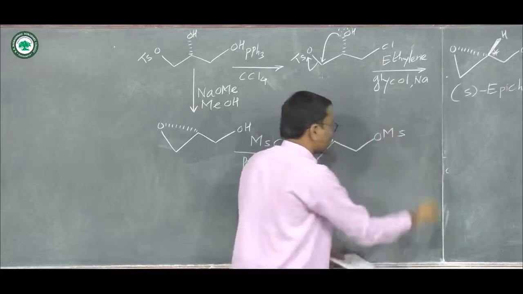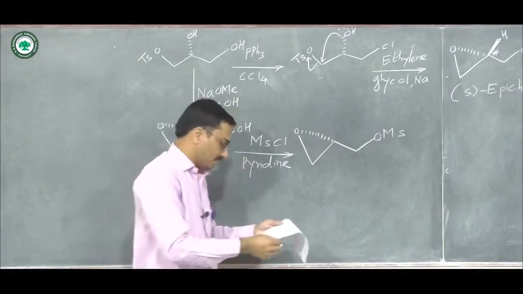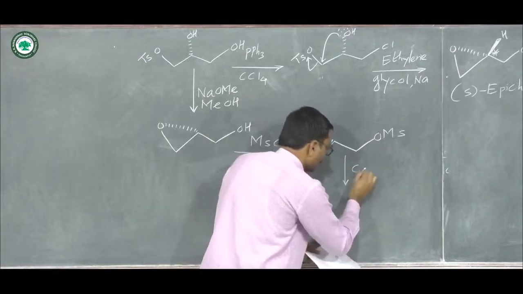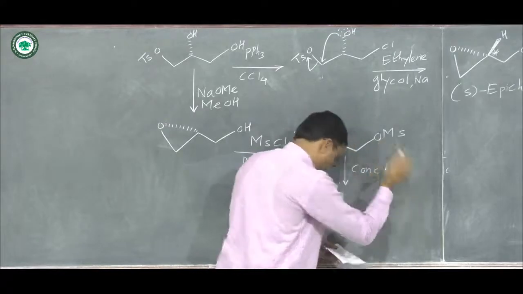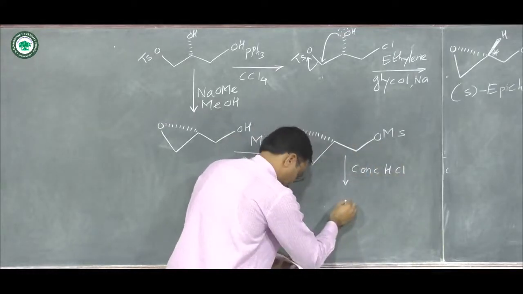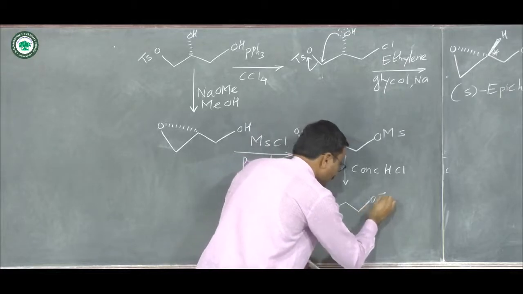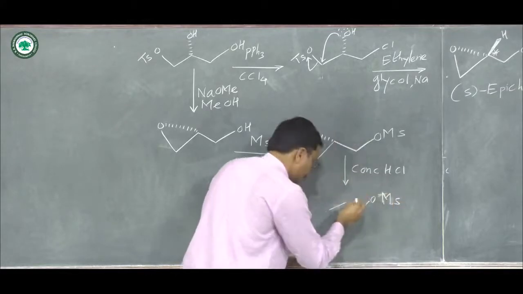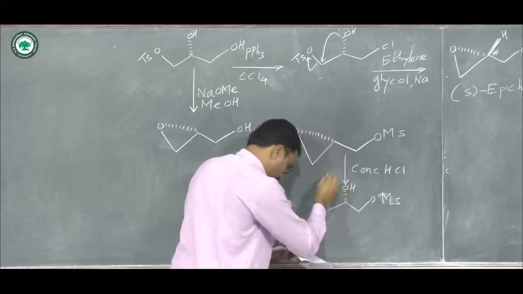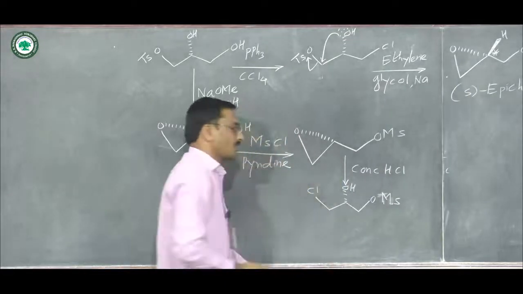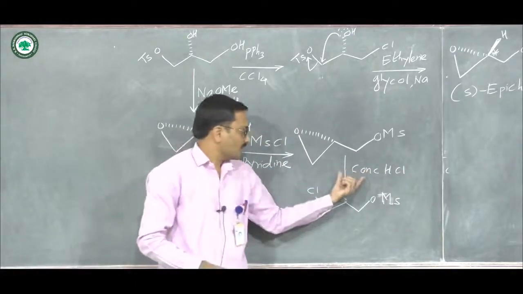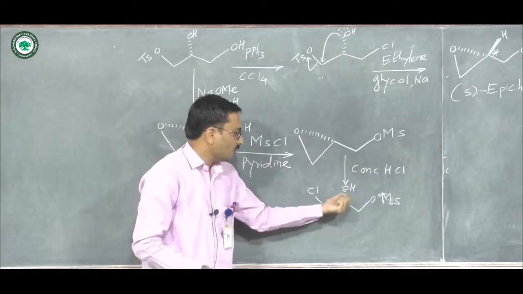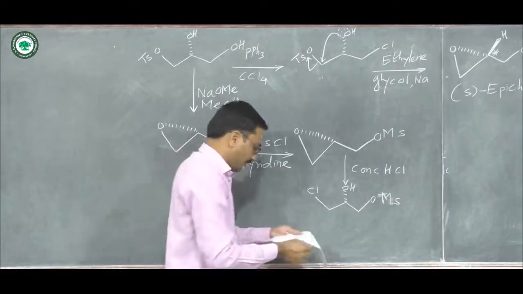Here we write OMs, or we can also write OTMS. Under concentrated HCl condition, this epoxide ring undergoes cleavage and there is formation of Cl and OH at the respective positions.